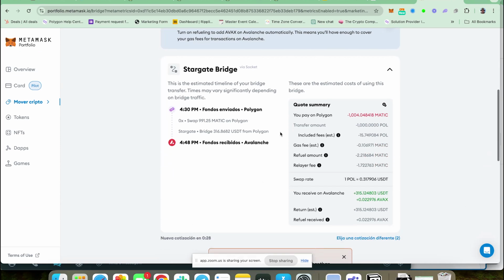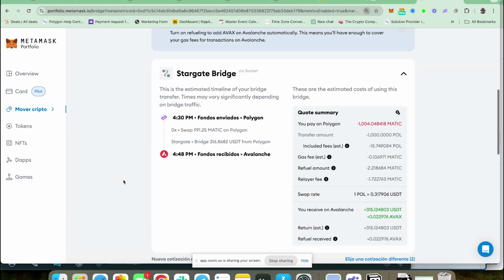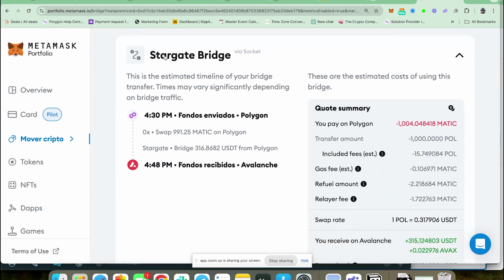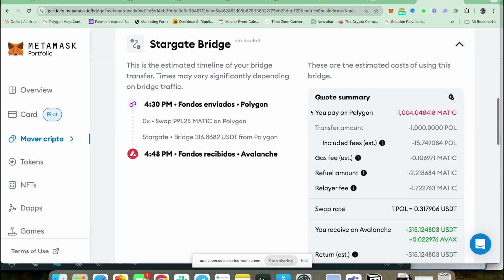Here there are 3 different things that I think are worth exploring. The first thing is that I'm using Stargate Bridge, a company called Stargate that offers these bridging services. The second thing is that if I send the funds right now at 4:30, the estimation is that the bridge would end at 4:48.